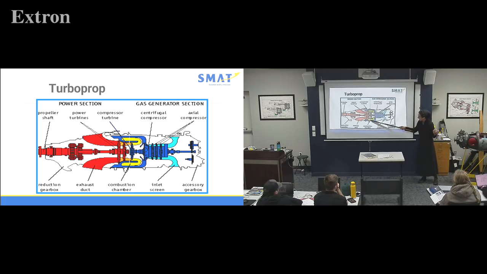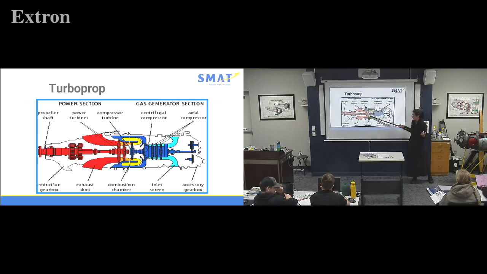And air comes down through here and does a twisty turn into the combustion section, turns again to go through our turbines and out the exhaust. But our turbines are driving our propeller. Another super cool fact that we'll talk more about later on the PT6.